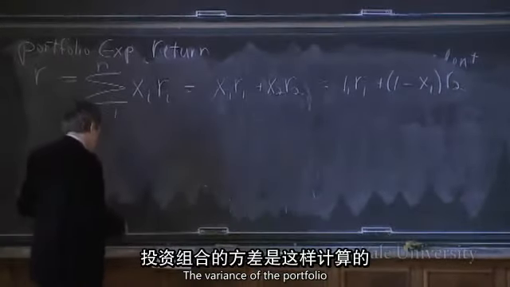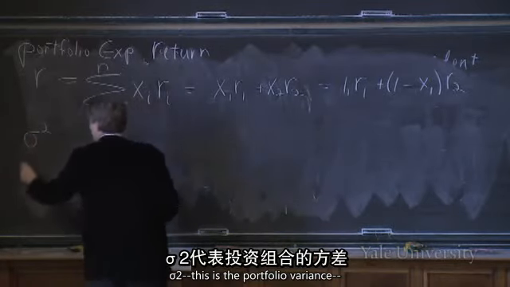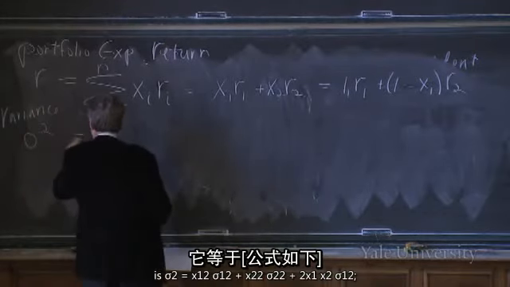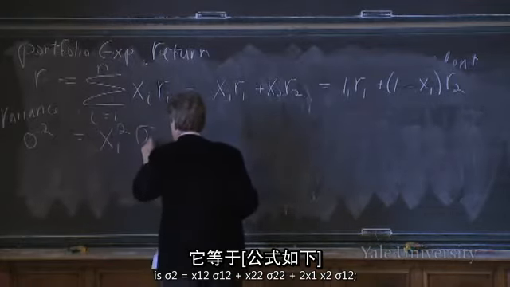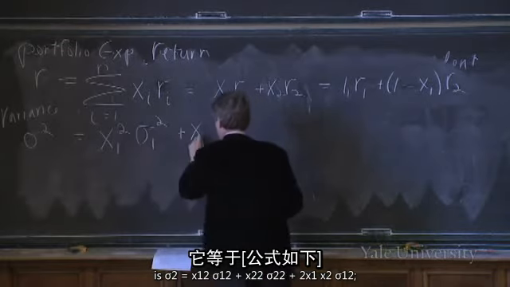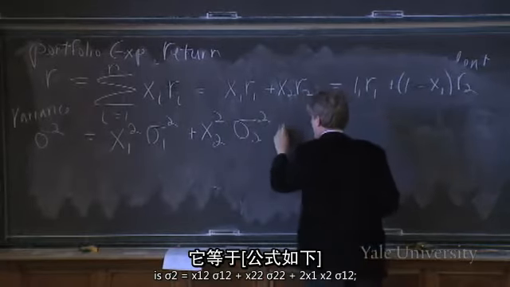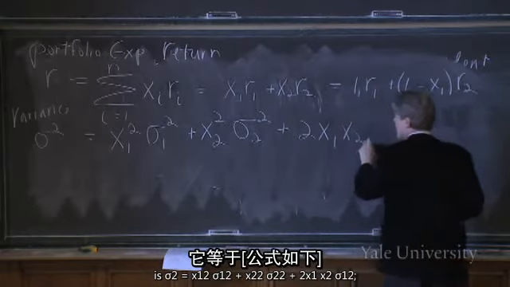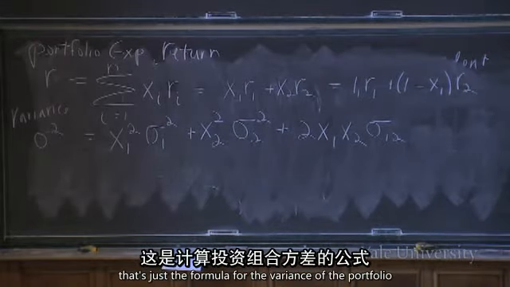And the variance of the portfolio, sigma squared, this is the portfolio variance. That's the square of the standard deviation, is equal to x1 squared sigma 1 squared plus x2 squared sigma 2 squared plus 2 x1 x2 sigma 12. And that's just the formula for the variance of the portfolio.